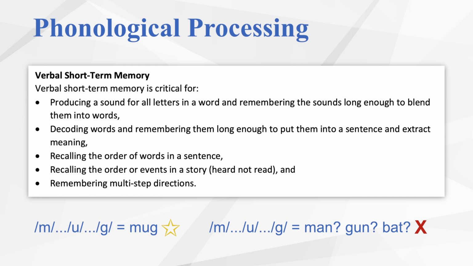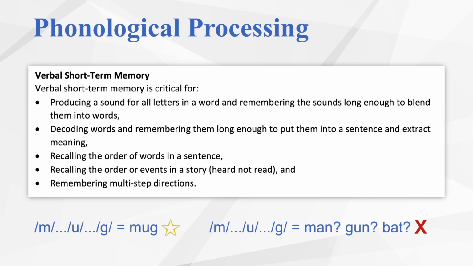Verbal short-term memory is also essential for comprehension. Students must be able to recall the order of words in a sentence to extract the appropriate meaning. They must also be able to remember the events in a story to understand the overall theme or message from the author. Outside of academics, verbal short-term memory is also an essential life skill.